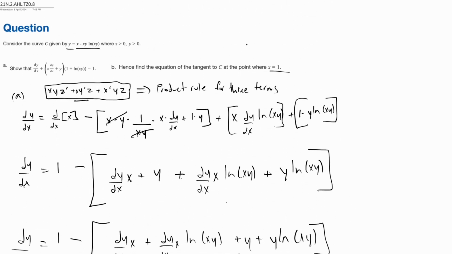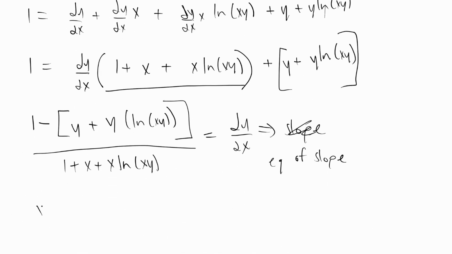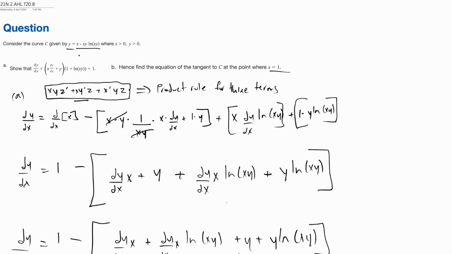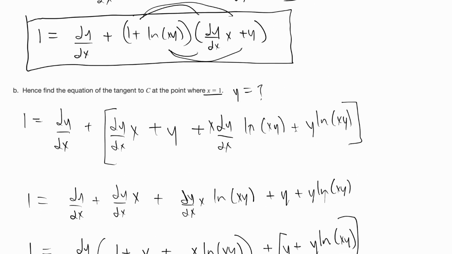The value for x that they've given us is x is equal to 1. So we can substitute that in. But what is y equal to? How do we find y to substitute into this equation? Well, we have an original equation right here. We can substitute x into here and then calculate what y is equal to. So let's do that.